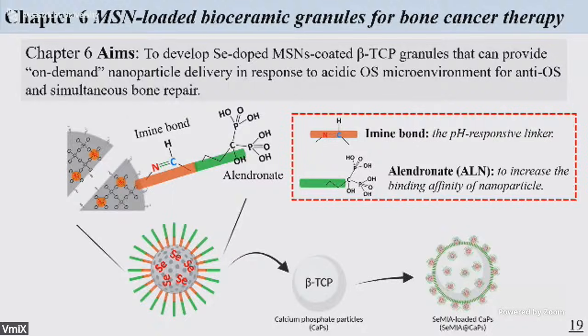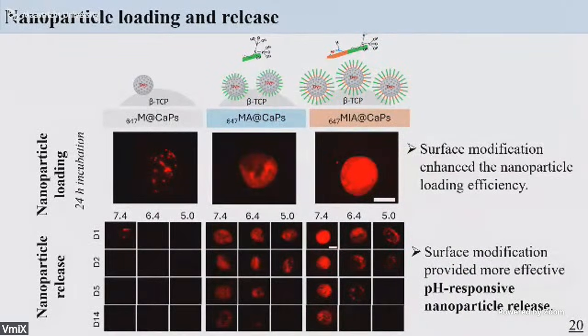We use an imine bond to induce pH responsiveness and alendronate to increase the binding affinity of nanoparticles on bioceramic granules. In the results, first, we confirmed that the surface modification enhanced the nanoparticle loading ability on the beta-TCP and also allowed more effective pH-responsive nanoparticle release.